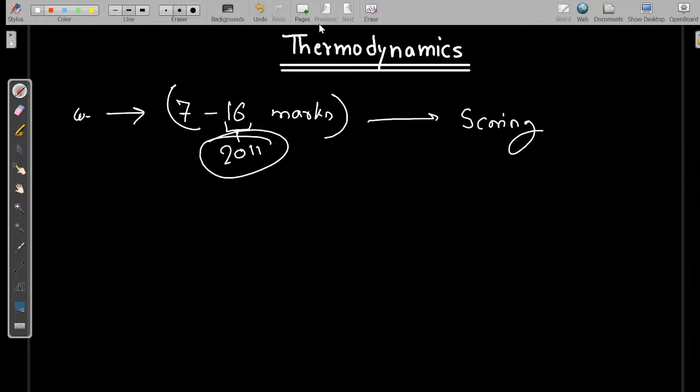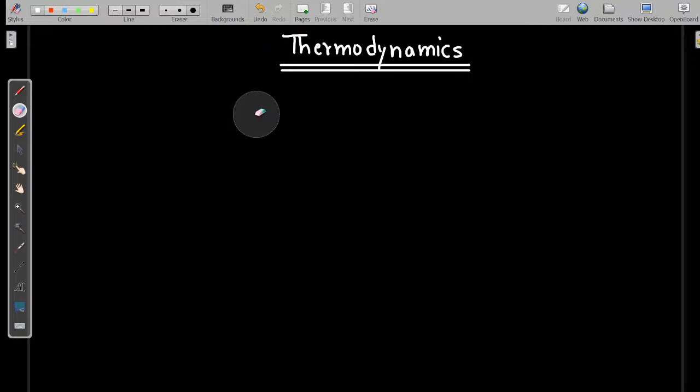So let us move forward. When I say the word thermodynamics, what are the different words which come into your mind? The first word may be heat, because thermo is related to heat. Another can be energy, and energy can be of different types.